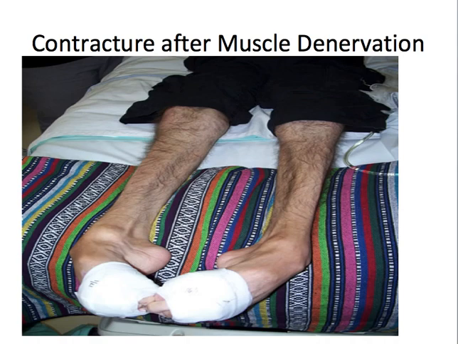In the final stage of denervation atrophy, most of the muscle fibers are destroyed and replaced by fibrous and fatty tissue. And the fibrous tissue that replaces the muscle fibers has a tendency to continue shortening for many months. This condition is called contracture development.